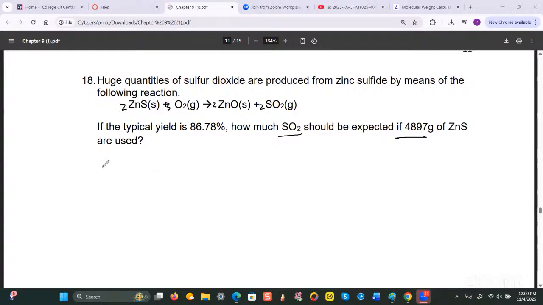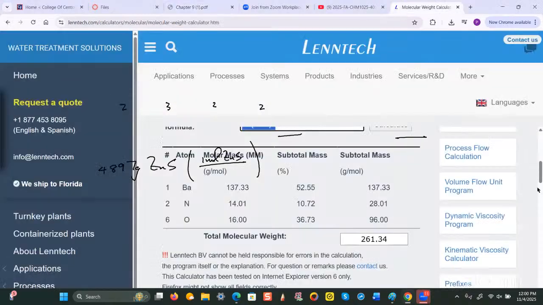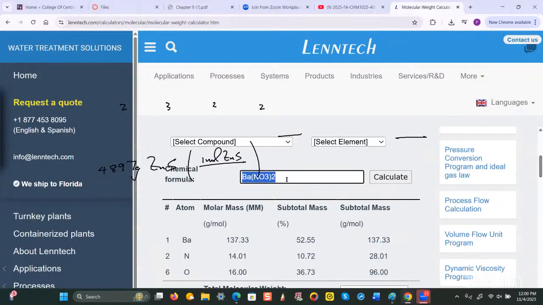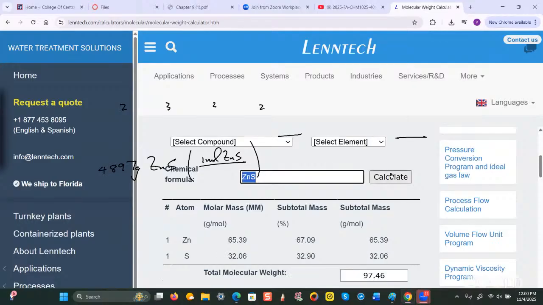So we're going to start off with the 4,897 grams of the zinc sulfide, and the first thing I will do is convert that to moles. So 1 mole of zinc sulfide will go above, and the molar mass of zinc sulfide is 97.46.